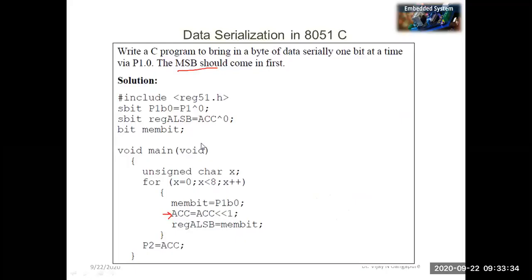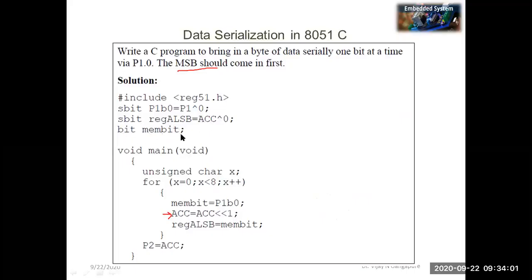Now we will discuss the whole program. Include reg51.h, sbit P1B0 equal to P1^0, meaning I am representing pin number 0 of port 1 by the symbol P1B0. Next, sbit REGA LSB, I am declaring REGA LSB as an sbit type variable which represents bit number 0 of the accumulator.